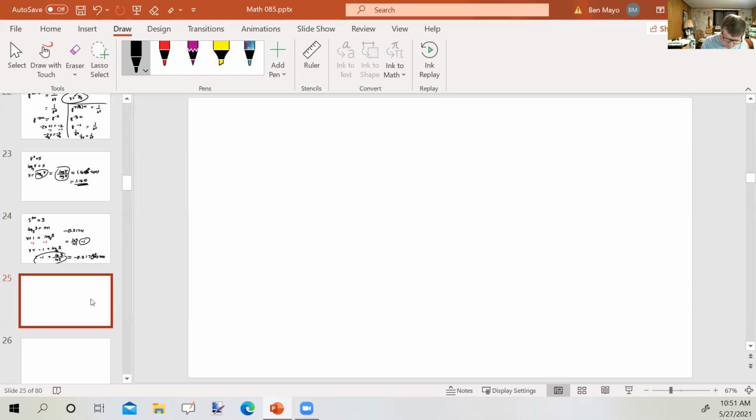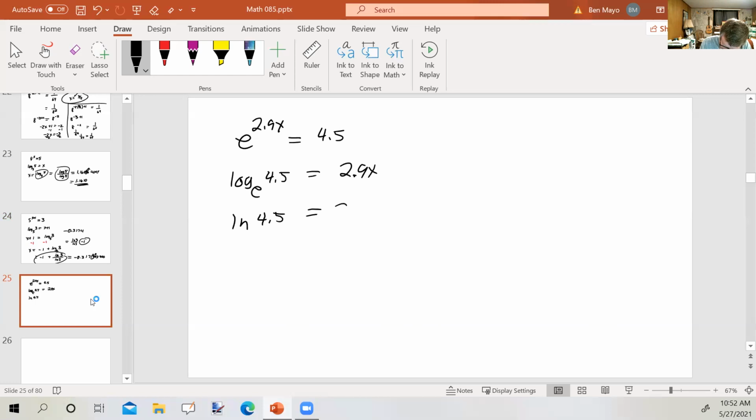All right, let's look at some examples involving e. Let's say we have this problem. E to the 2.9x power equals 4.5. Again, I have no idea how to write 4.5 as e to some power. So I'm going to change this into a logarithmic equation. So this is going to be log base e of 4.5 equals 2.9x. But log base e is just natural log. So that's the natural log of 4.5 equals 2.9x.